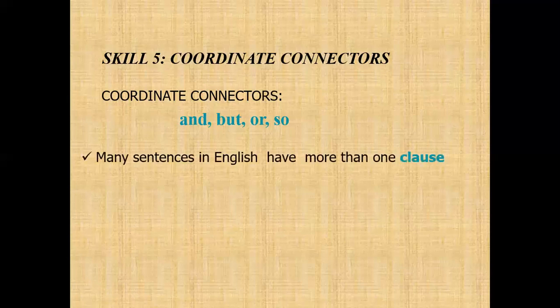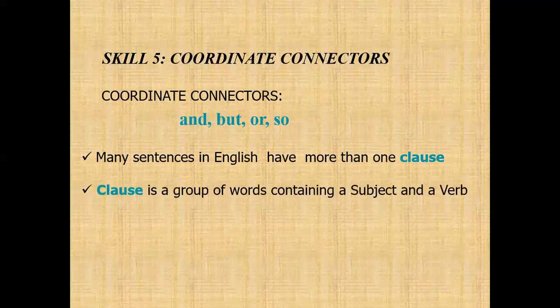Many sentences in English have more than one clause. So it means that in a sentence, there will be more than one clause. So what is a clause? A clause is a group of words containing a subject and a verb. So it means that in a sentence, there will be more than one subject and also more than one verb.